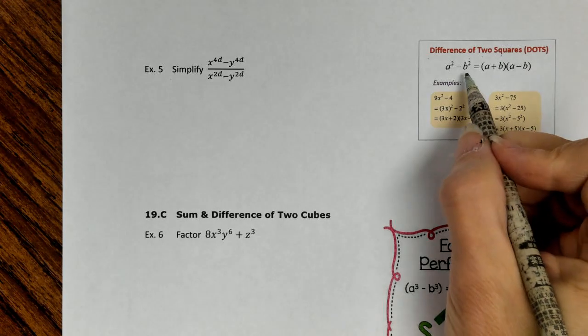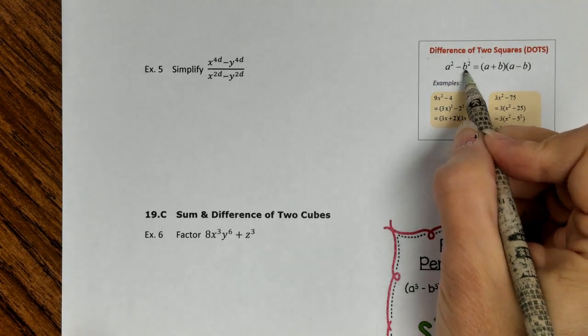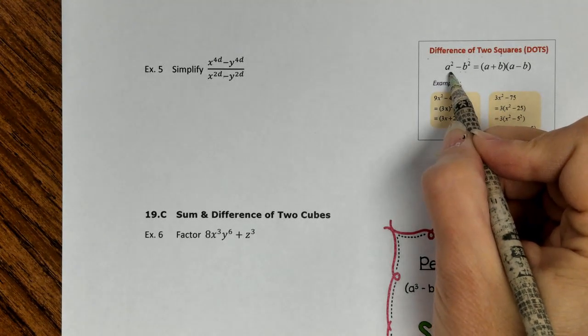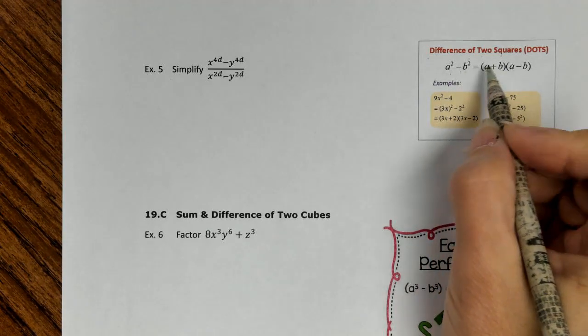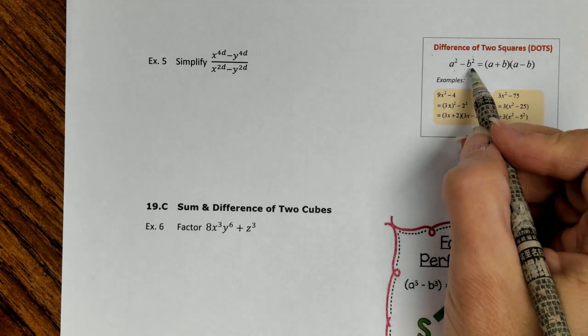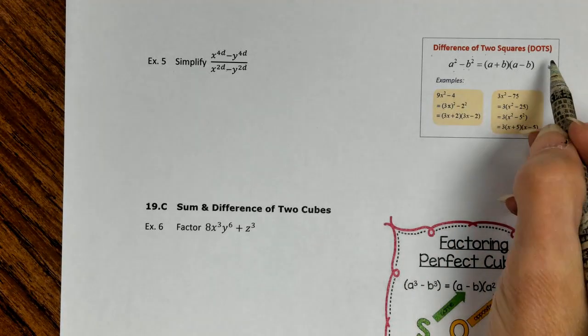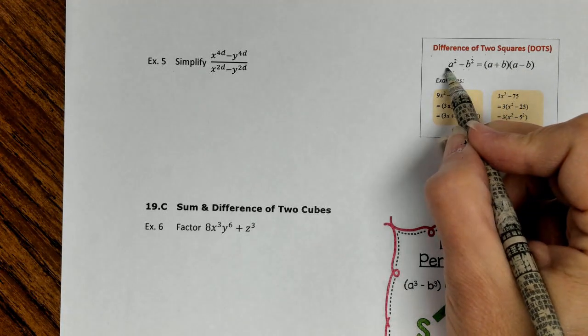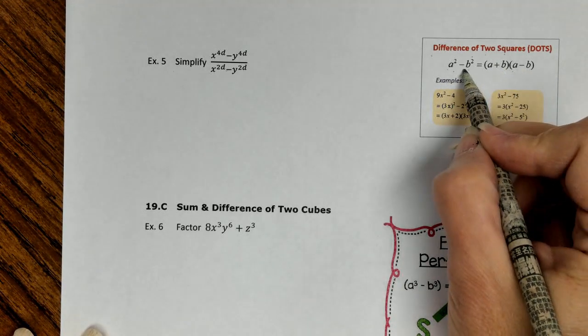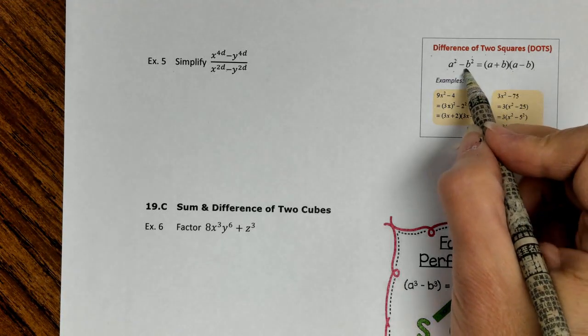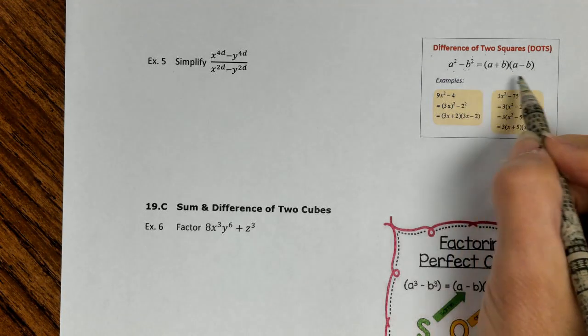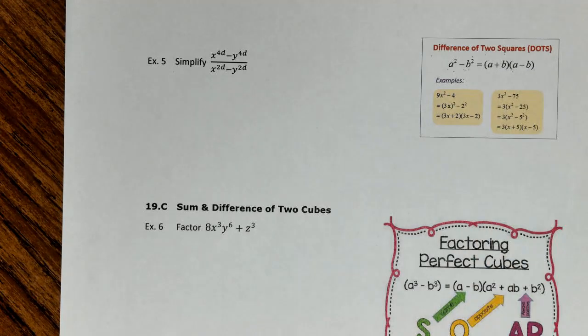So you would want factors of b that subtract to 0, so they'd have to be the same. I shouldn't say factors of b, it was factors of b squared. So it's the square root of the first term, the square root of the second term, and their opposite signs. That's how you're getting a negative for the second one here. And when you do the outer and inner, those cancel. That's why there's not a middle term.